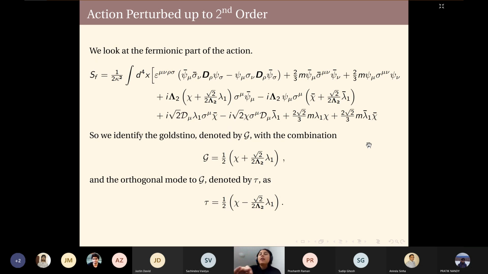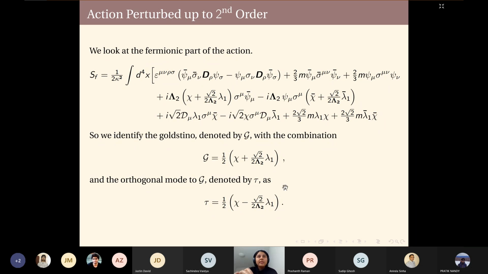Here, for simplicity, I'll show only the fermionic part of the action. This is what the action looks like after performing the perturbations. If we look at it closely, there are these bracketed expressions appearing, coupled to the gravitino. We can identify this as the Goldstino, which I denote by the letter G, and the mode orthogonal to it is denoted by tau.